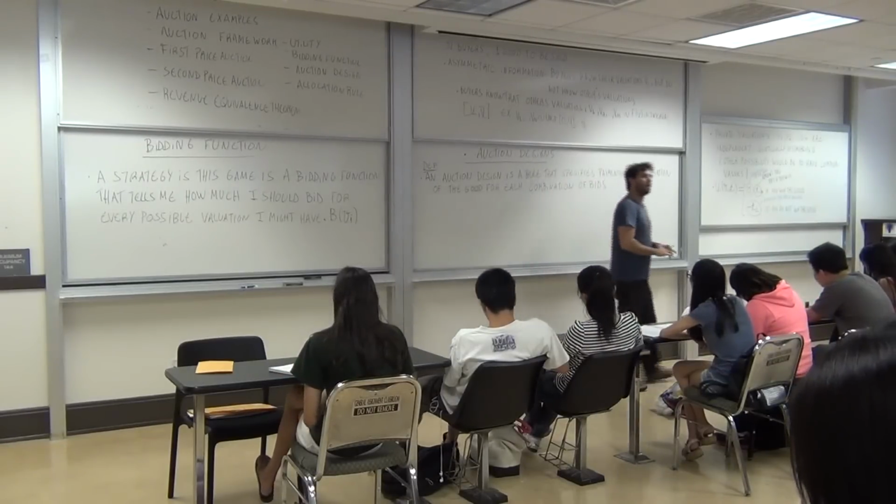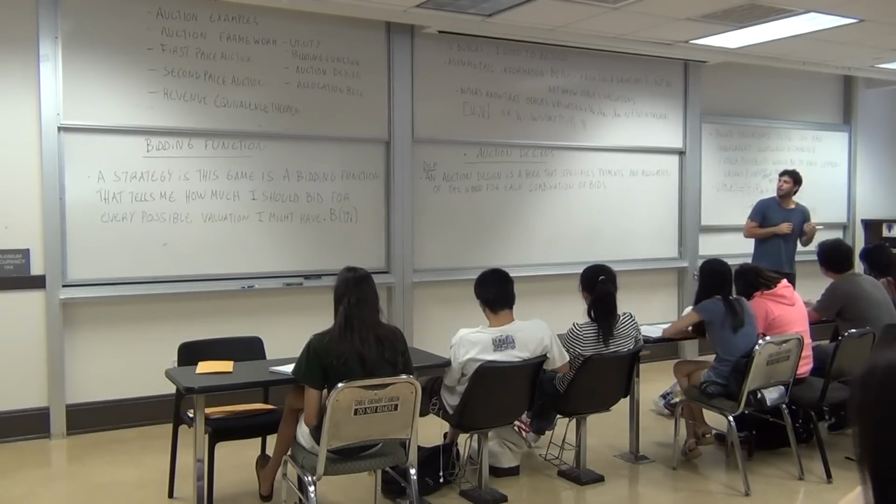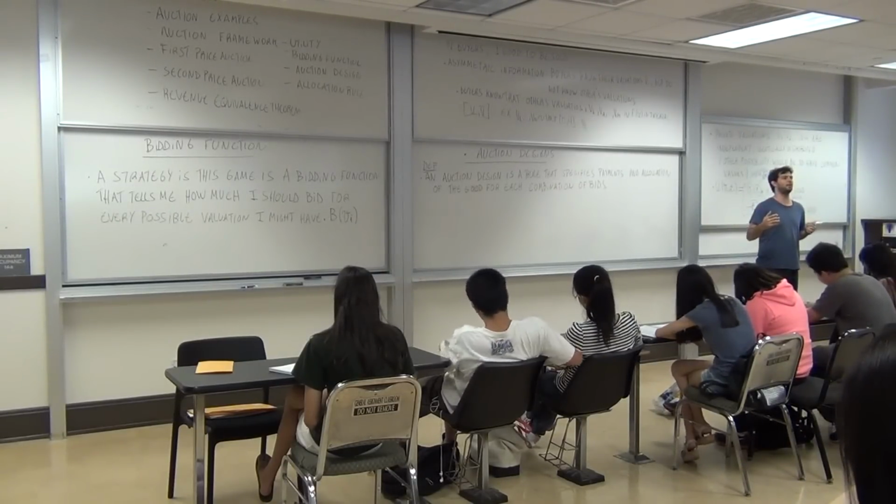An auction design is like a rule that specifies payments and an allocation of the good for each combination of bids.